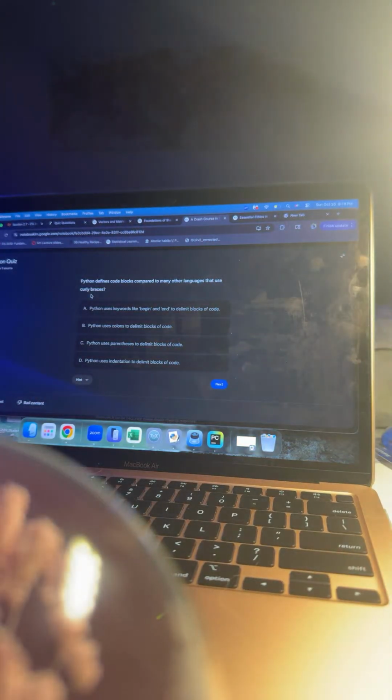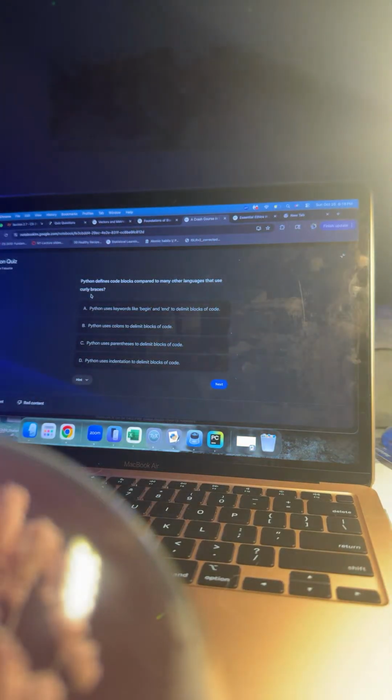Python defines code blocks compared to many other languages that use curly braces. Python uses keywords like begin and end to delimit blocks of code.